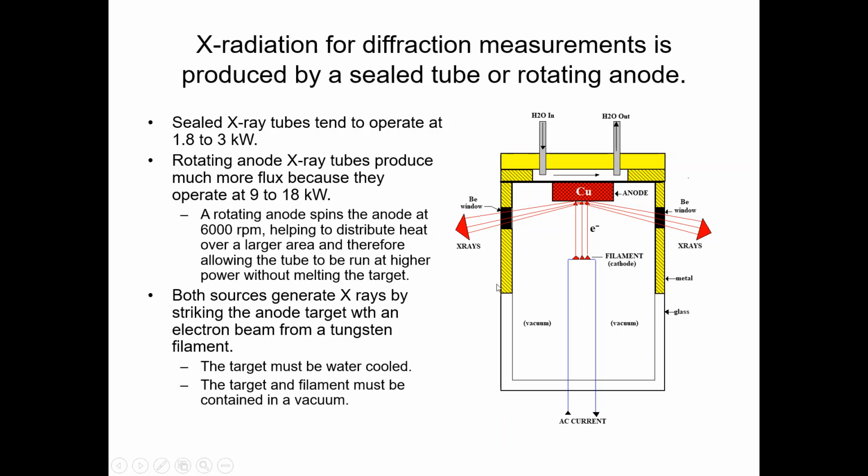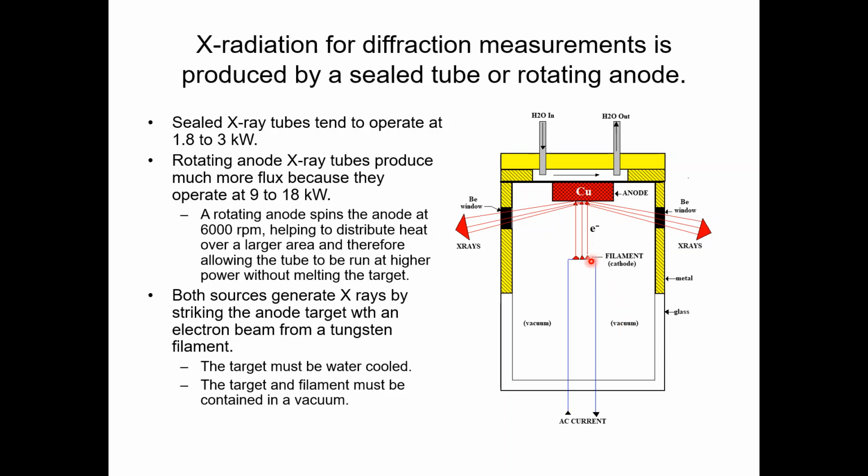Both sources generate X-rays by striking the anode target with an electron beam from a tungsten filament. Here is the filament, you can see it in this setup. All this setup is in a high vacuum, and why we need a vacuum we have already mentioned in a previous lecture.